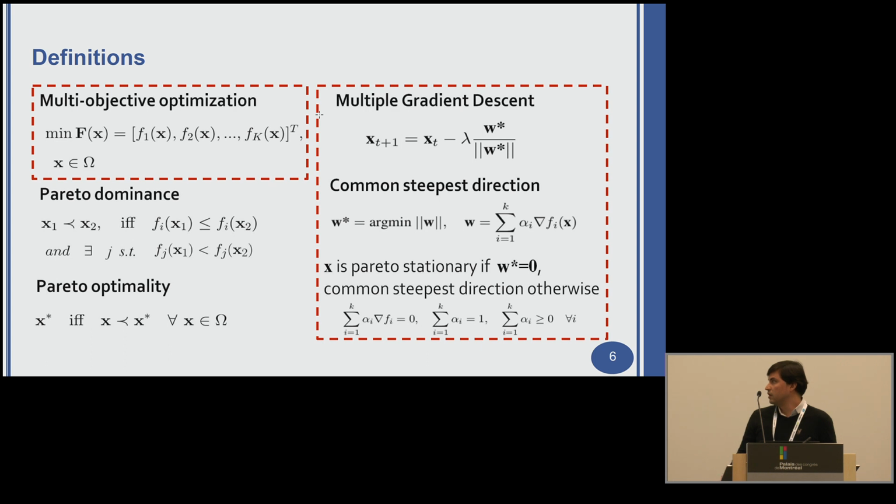And it's proved that when the costs are convex, this is a common descent direction for all of the costs simultaneously. The thing is, finding the minimum norm direction in this convex hull is too expensive if you have a big model.